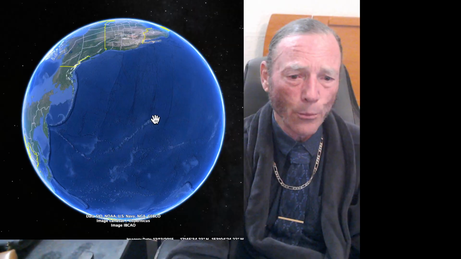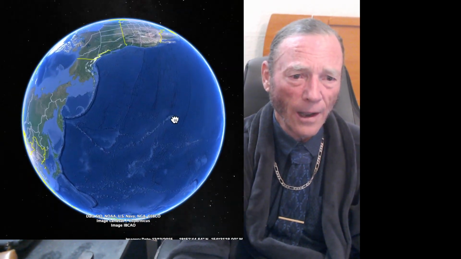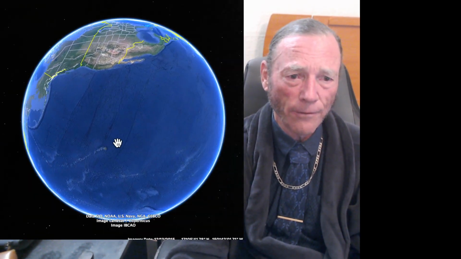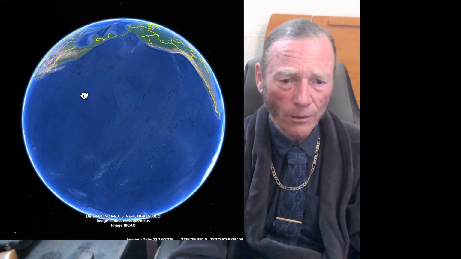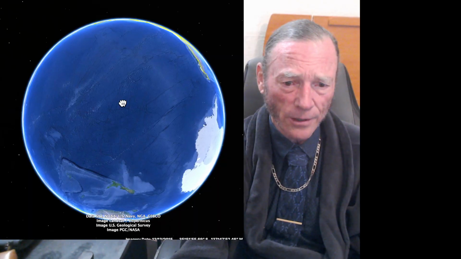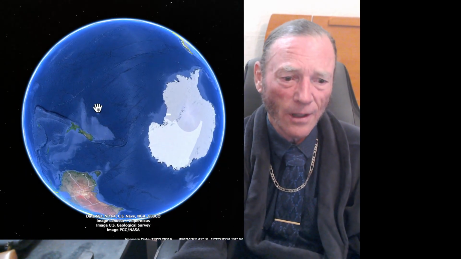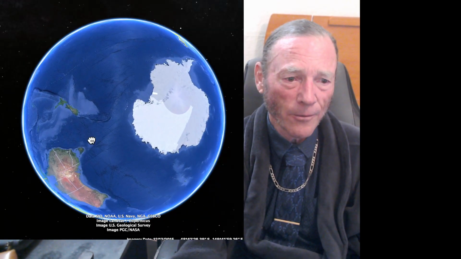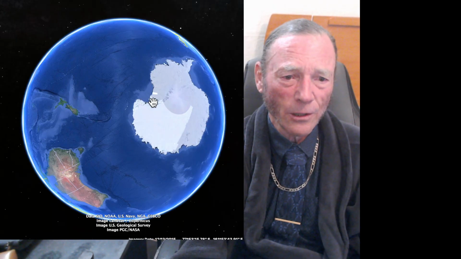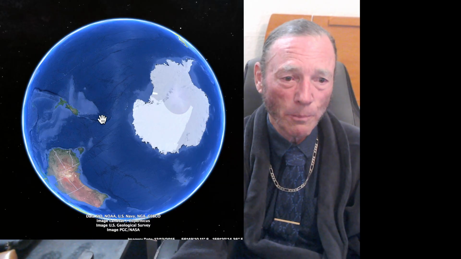This is called the Ring of Fire. I didn't make up this name. It's called the Ring of Fire for fairly well delineated reasons, but look at this. There's a big old gap here. Doesn't it look like this may have once been connected?